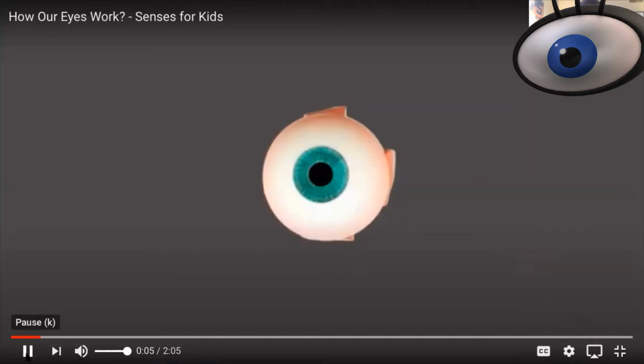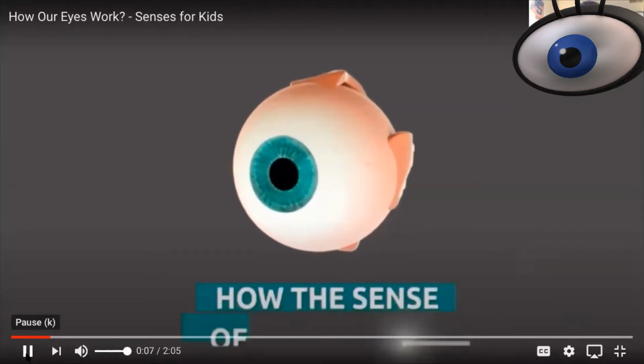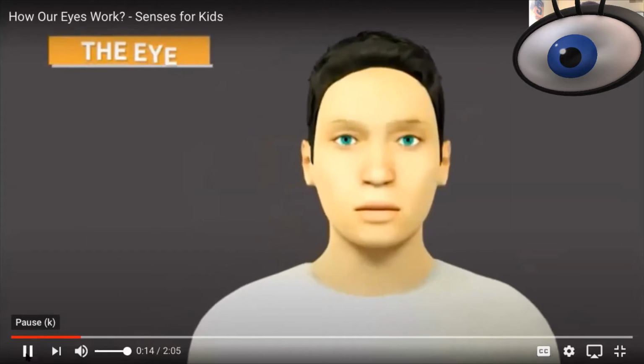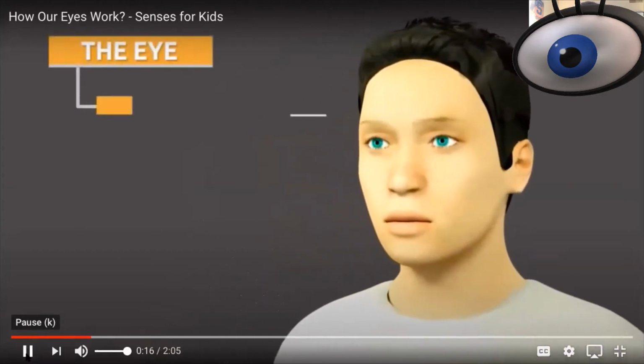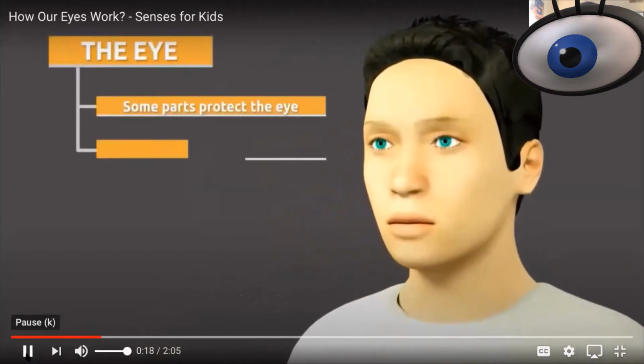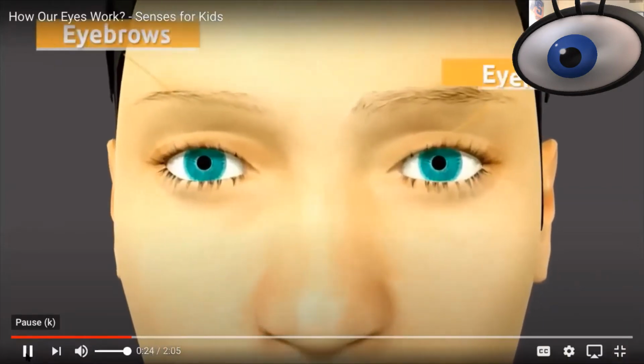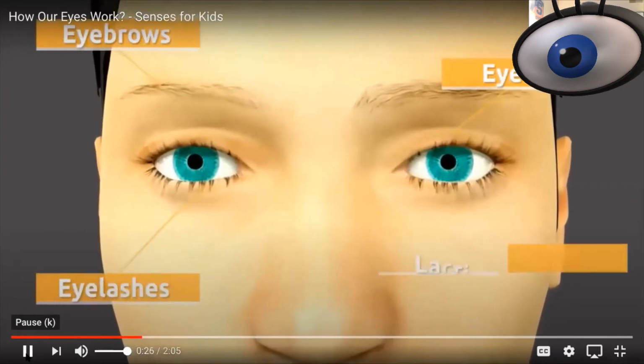Today we are going to learn how the sense of sight works. The human eye has different parts. Some parts protect the eye, while other parts are in charge of vision. The parts that protect the eye are the eyebrows, the eyelids, the eyelashes, and the lacrimal glands.